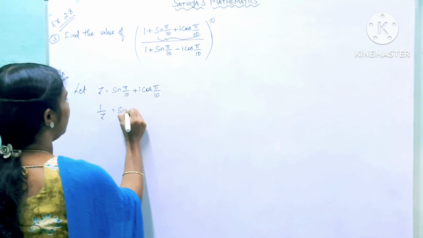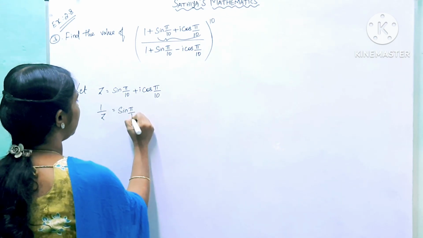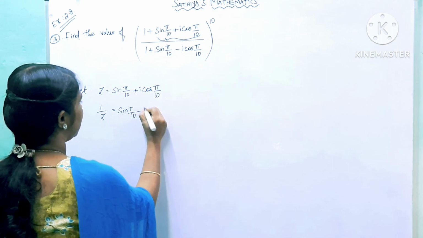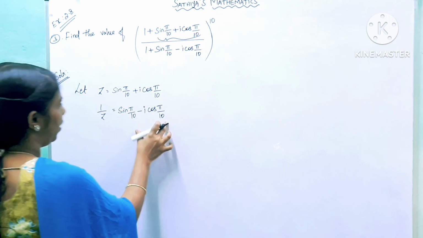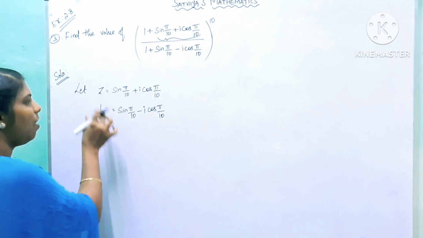So conjugate of a complex number, we can just change the sign of the imaginary part. Sin pi by 10 minus i cos pi by 10, we can consider its value as 1 by z.